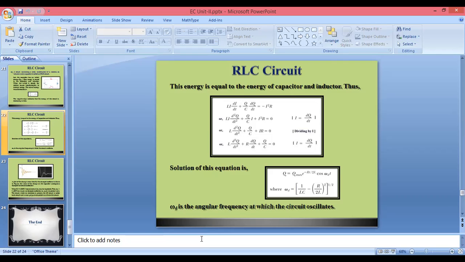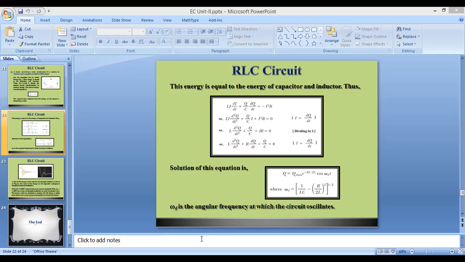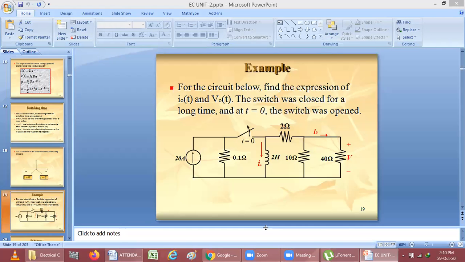I am sharing another screen. My screen is visible.